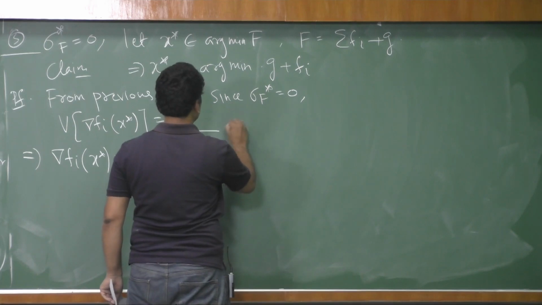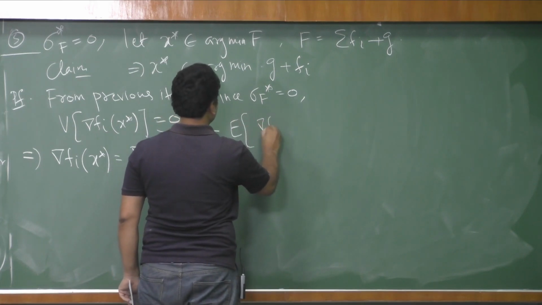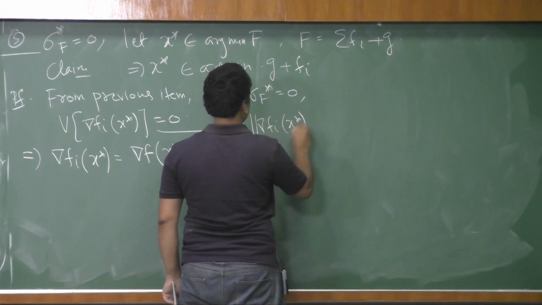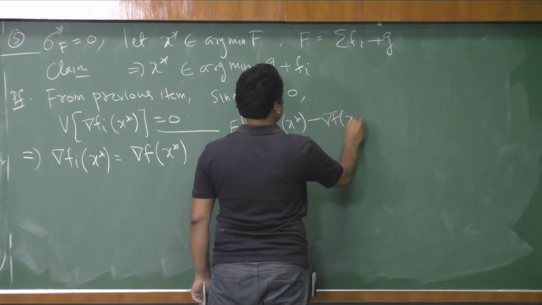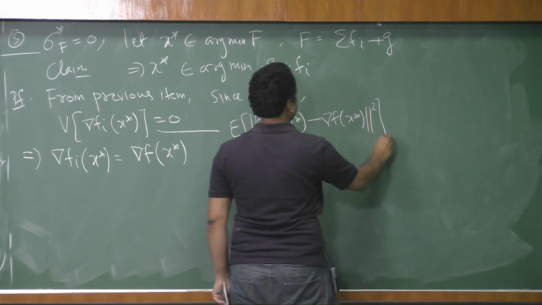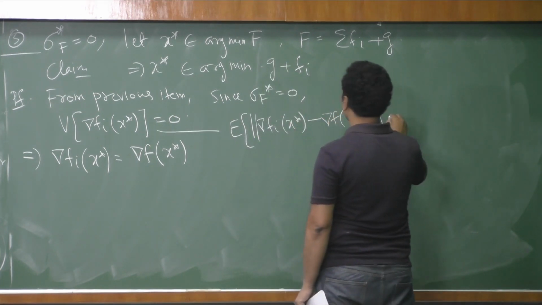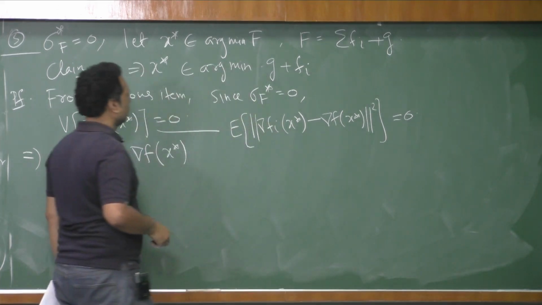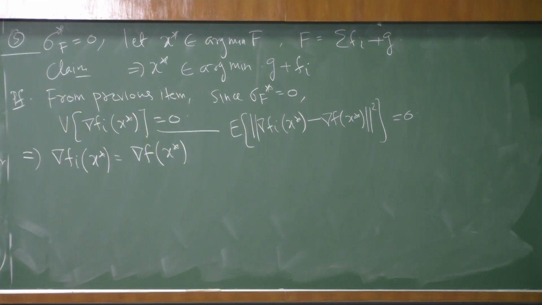If you look here, this is the expectation of grad fi x star minus grad f star, and this is equal to 0. So obviously this implies that each of these grad fi x star will be equal to grad f star, okay.